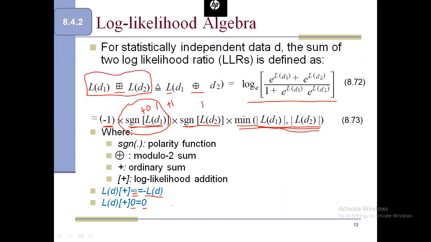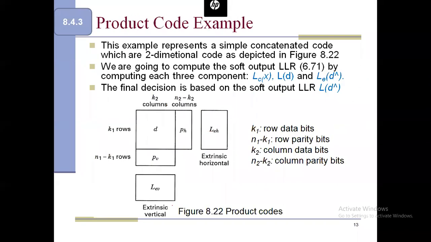Next, move forward. So we take an example. That example will clear the concept. In this example, we have K1 rows and K2 columns.